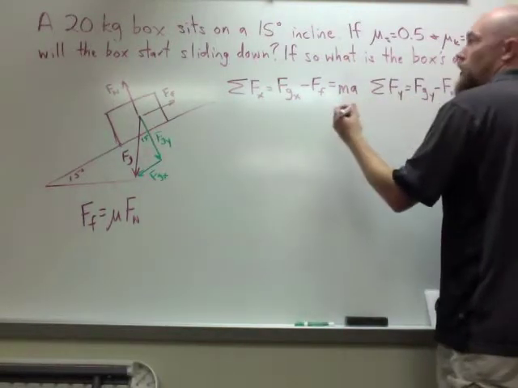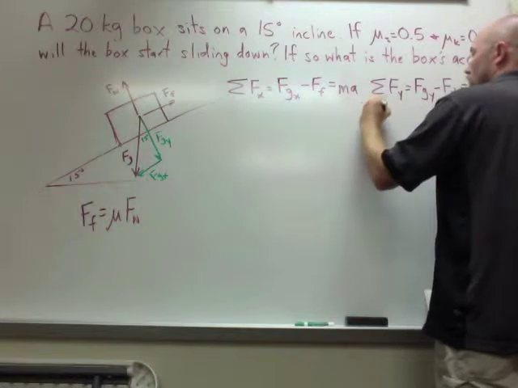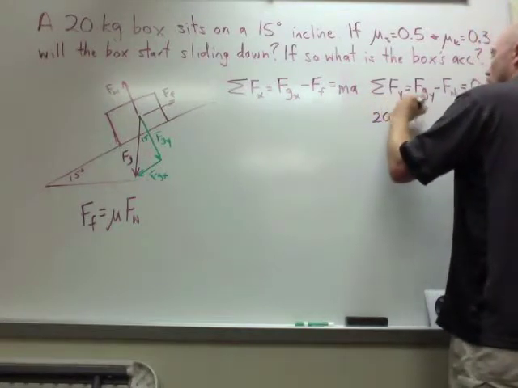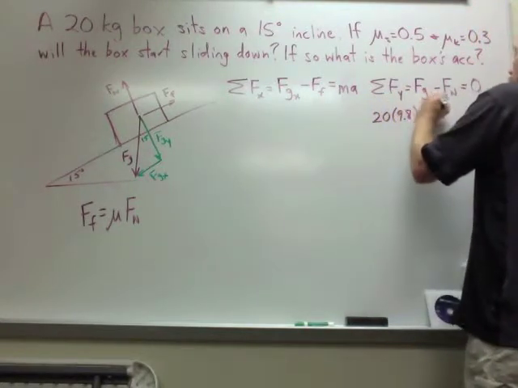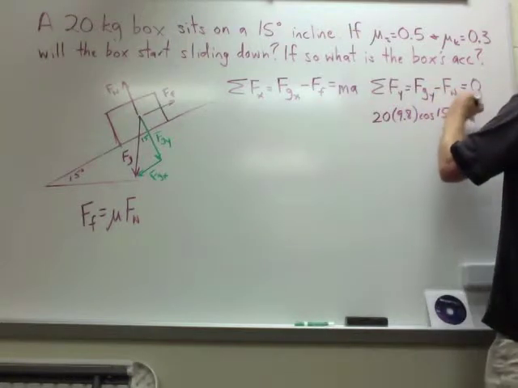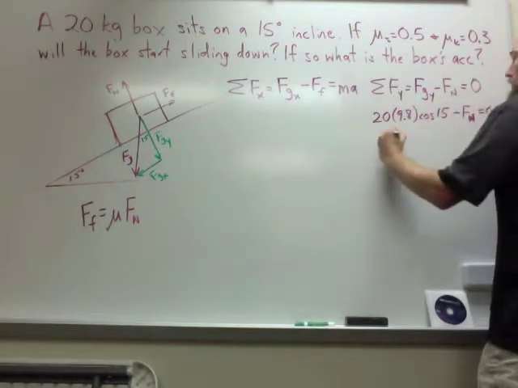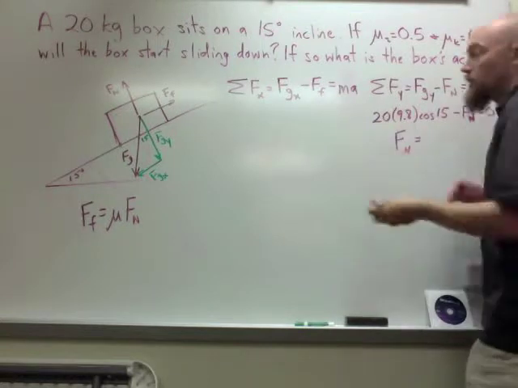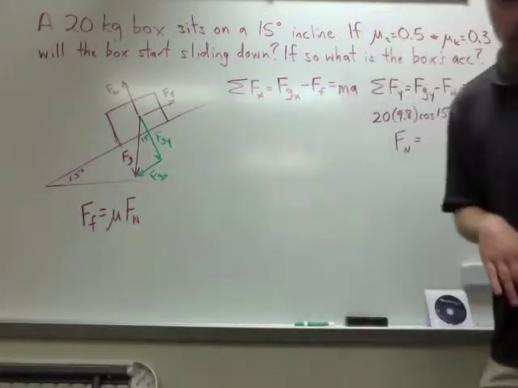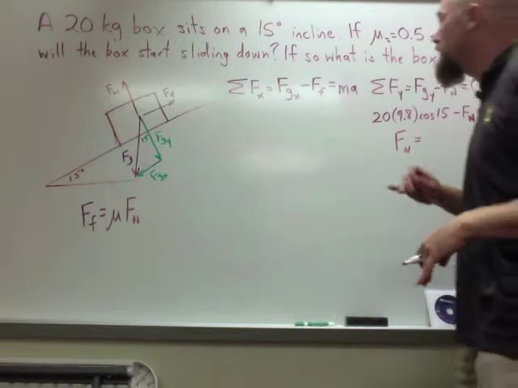So I would say this is my FG, which is mg, so it's 20 times 9.8 times the cosine of 15 minus Fn equals 0. Then I can solve that for Fn, which I'll do in a minute. You guys can solve it too. We'll pause it, and then you guys can solve it, and I'll solve it.